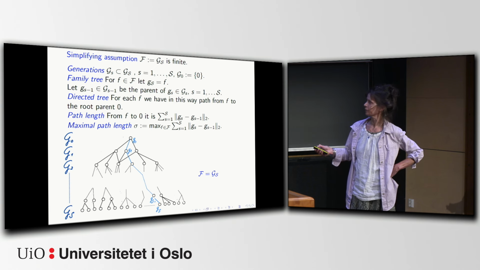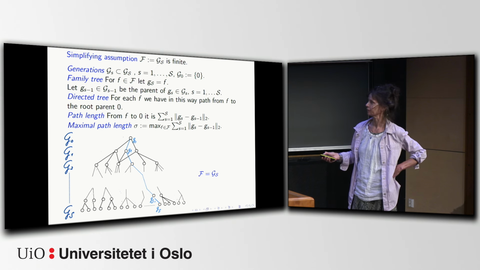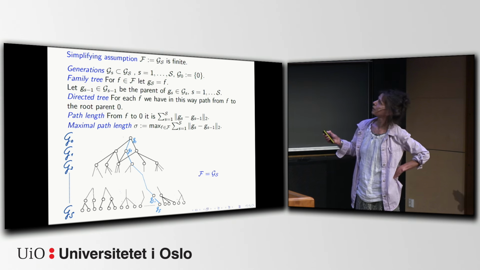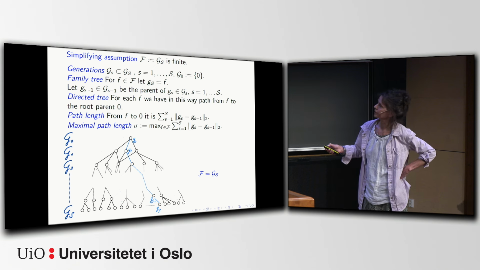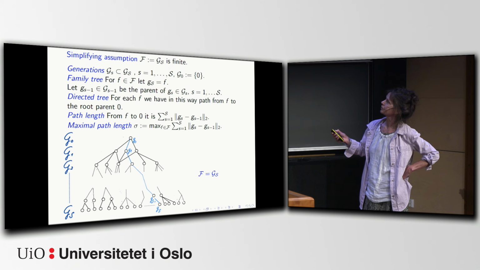And you continue, so you have children with parents, and the overall parent of everybody is G0. So you build this kind of tree. So these are the generations, G0, G1, and so on. And each child has a parent in the previous generation.